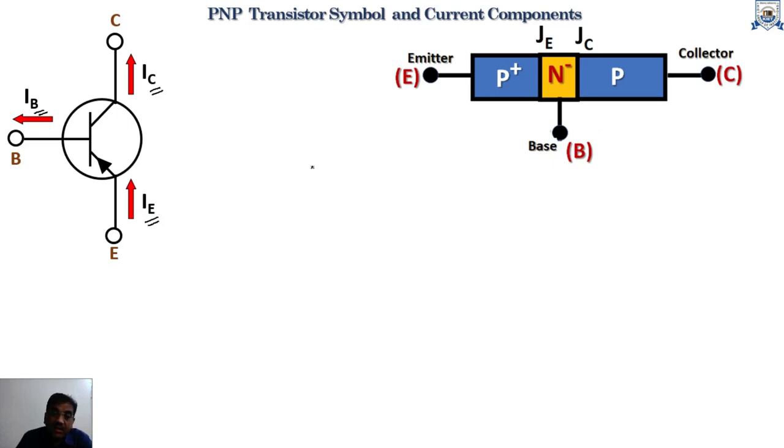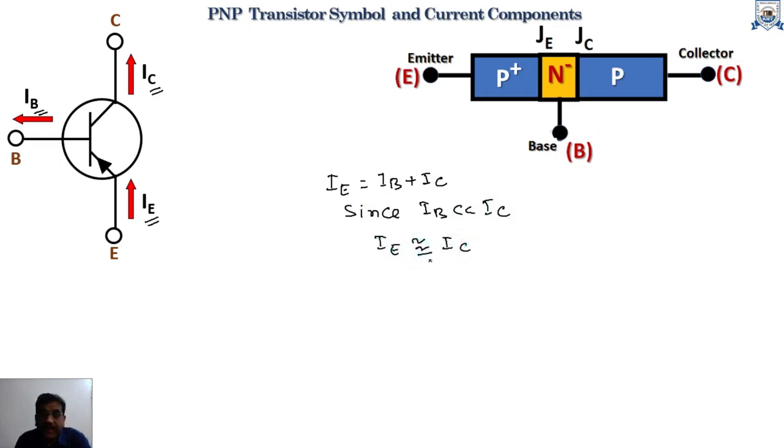In this case also, the emitter current is equal to base current plus collector current. Since base current is very small, the emitter current can be approximated to collector current.